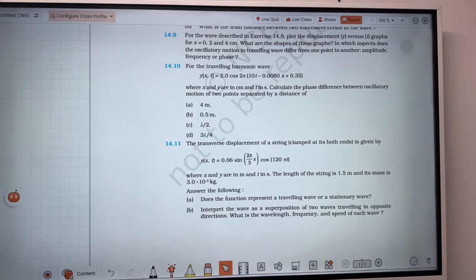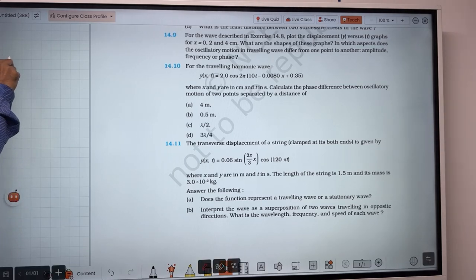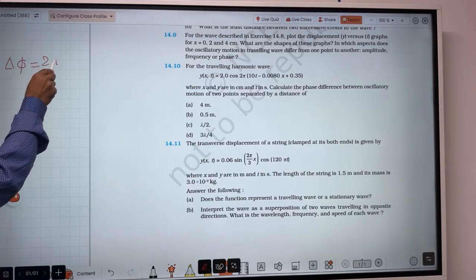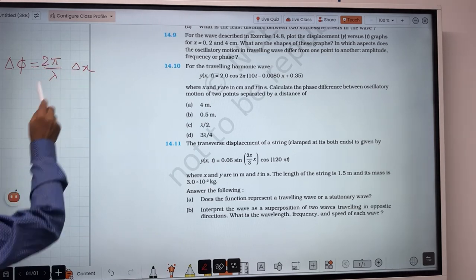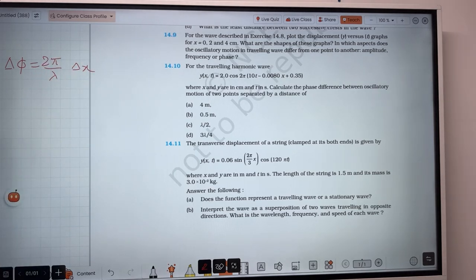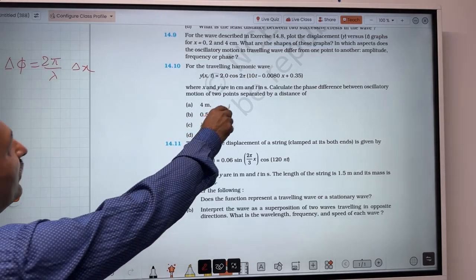For finding phase difference, we apply the formula Δφ, the phase difference, equal to 2π by lambda into Δx, where Δx is the path difference.